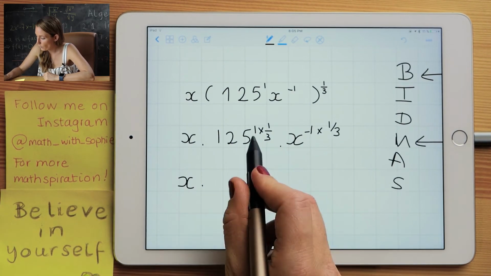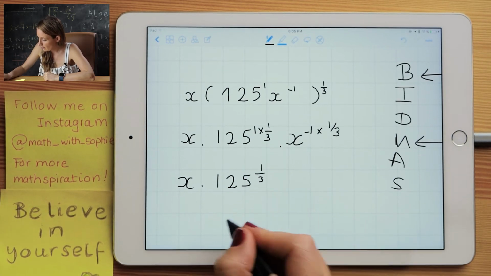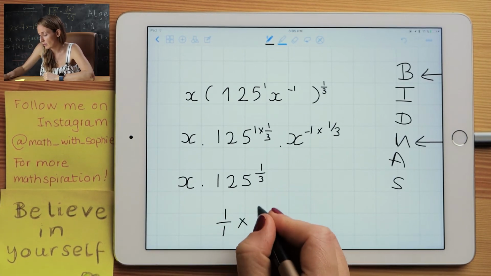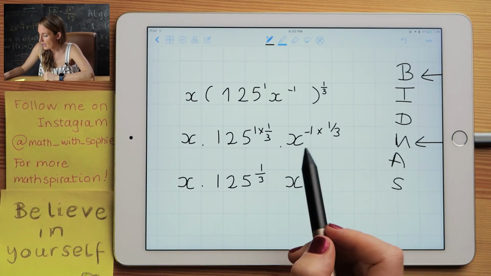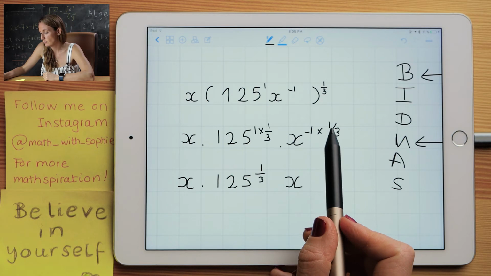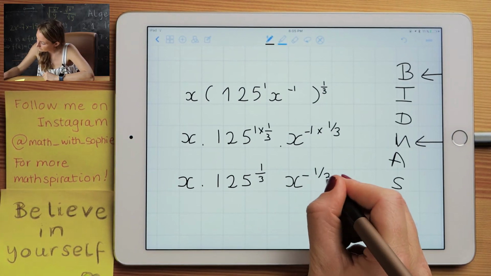So 1 times by a third is a third. If it helps you, you can put 1 over 1 times by 1 over 3, which is 1 over 3. x to the minus 1 times by a third, minus times plus is always minus.